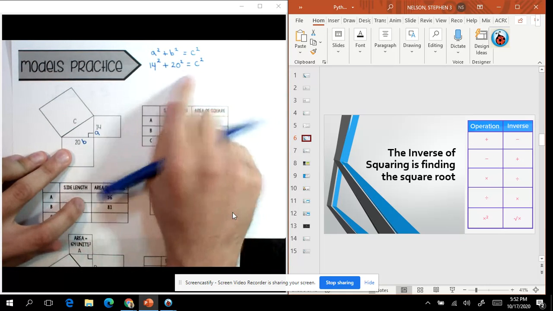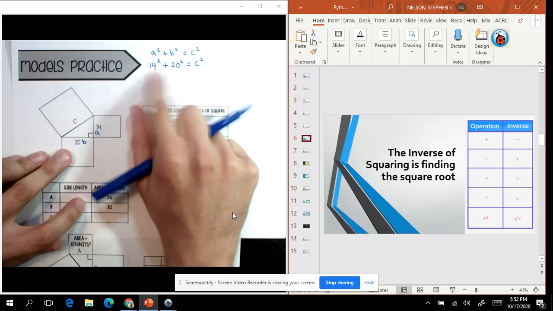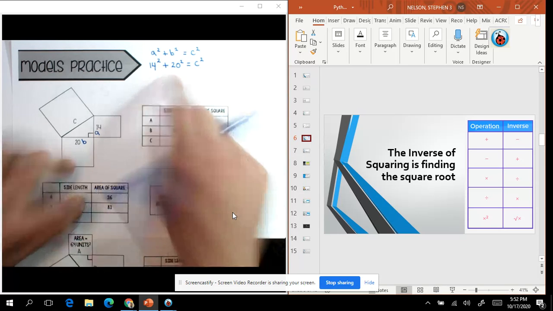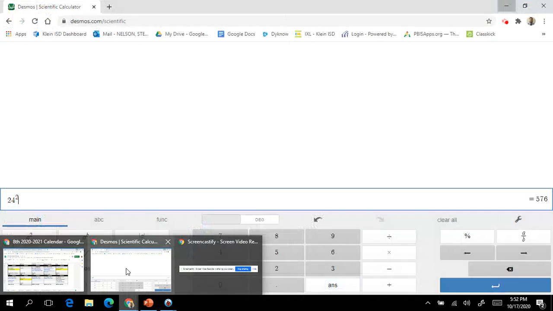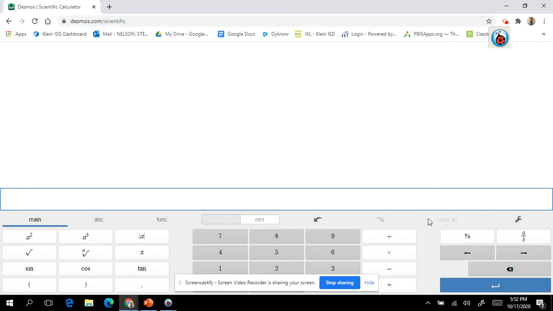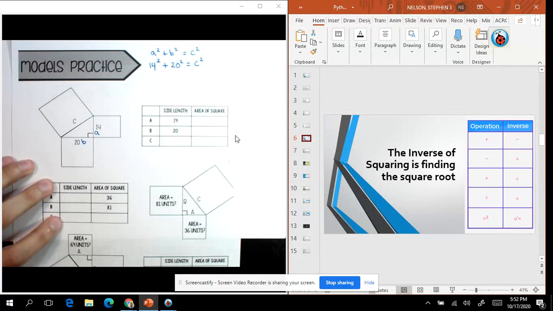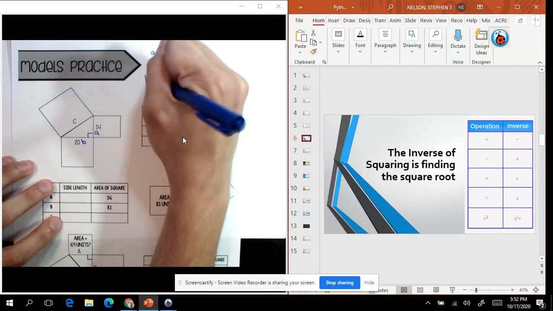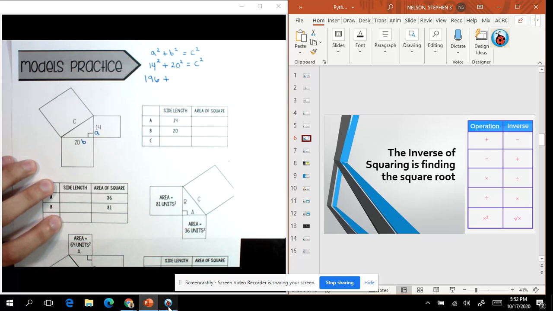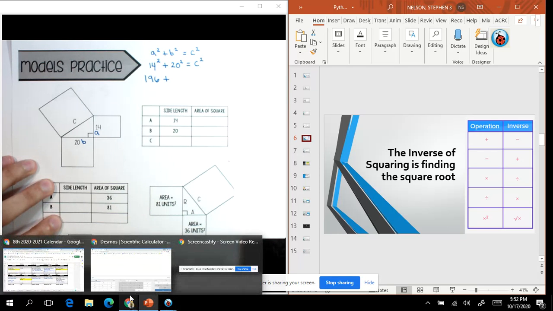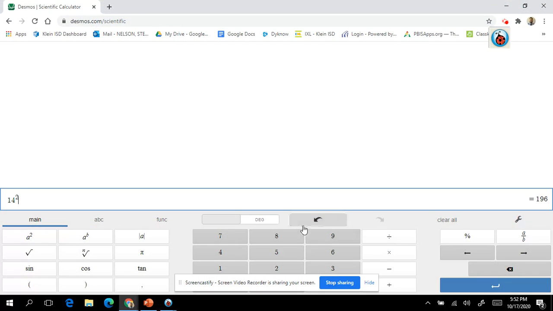All right, so now we need to get rid of these exponents. We need to go ahead and find out what these equal. So I'm going to pull up Desmos. Clear all. We're going to say 14 squared, which comes out to 196. So I want you to see me write that in, 196, plus 20 squared, which should be 400, but I'm going to type it in anyway, so that way you guys are comfortable with using the calculator.